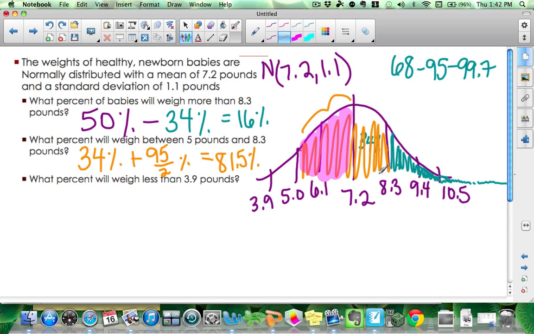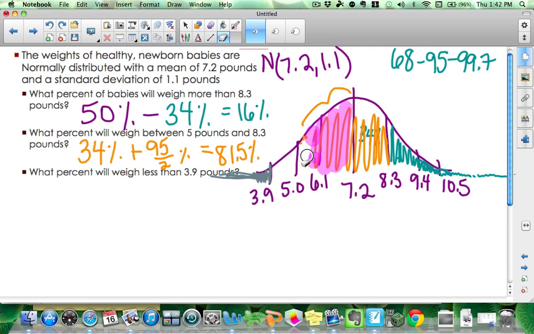Okay. Last question. What percent will weigh less than 3.9 pounds? So here's 3.9. Less than 3.9 is everything to the left of it. Where do I stop? Never, never, ever. All right, so again, I think we need to think of this as a subtraction problem.